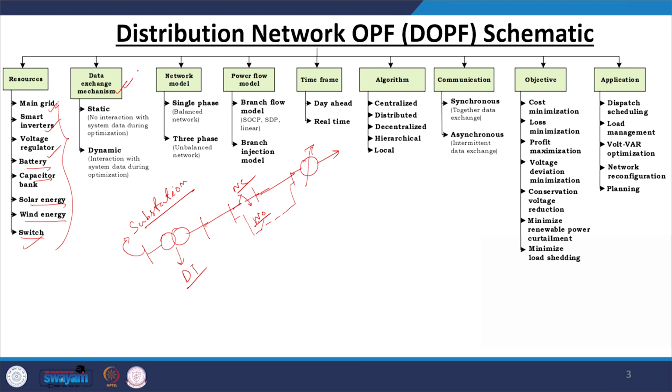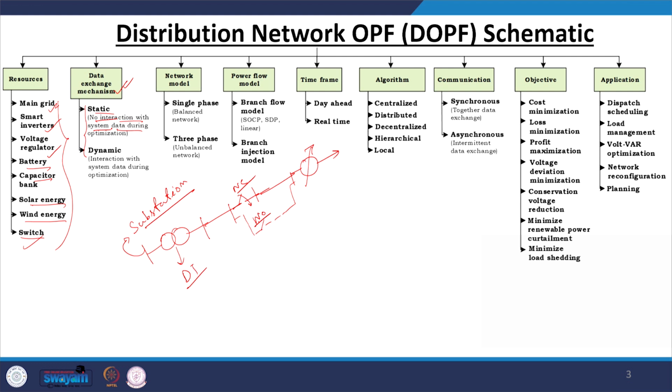Then the data exchange mechanism: your OPF can be of two types. One is static. That means whenever you solve the optimization problem, you get your parameters, you formulate your problem, and you feed that into your solution algorithm. After that, you have no provision to give any updated data. Whatever data you have given, you cannot update it.